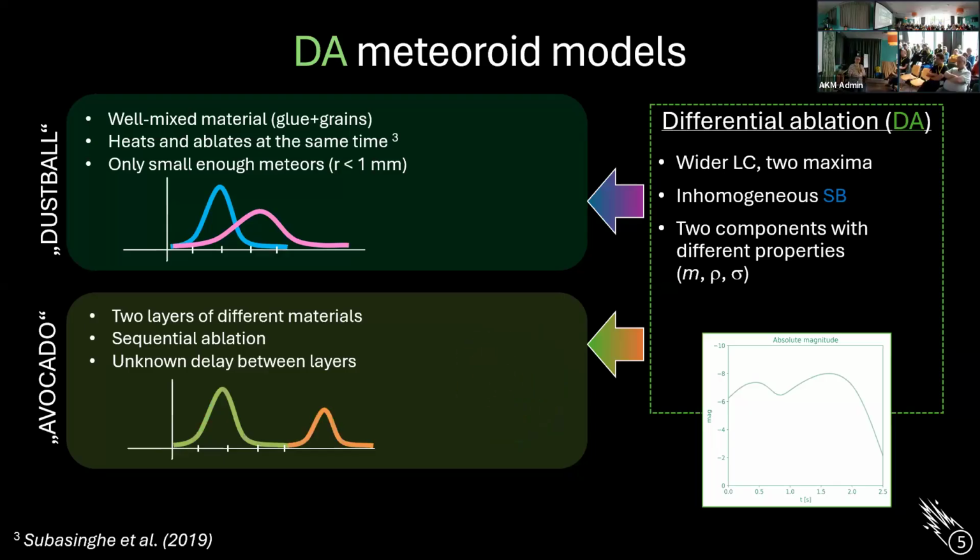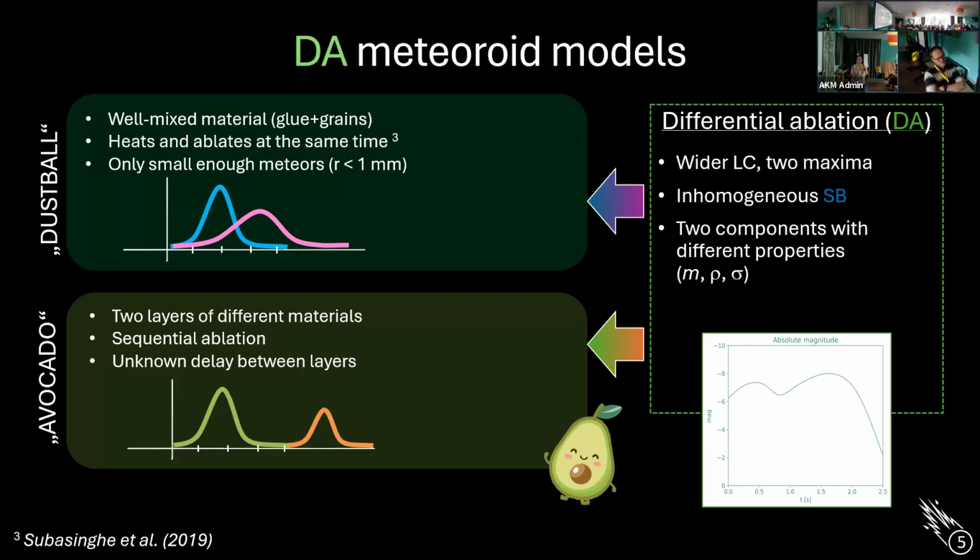So they ablate one after another. And it could be basically done in any mix possible. So there could be a softer material on the outside and harder on the inside, like a real avocado, or the other way around.